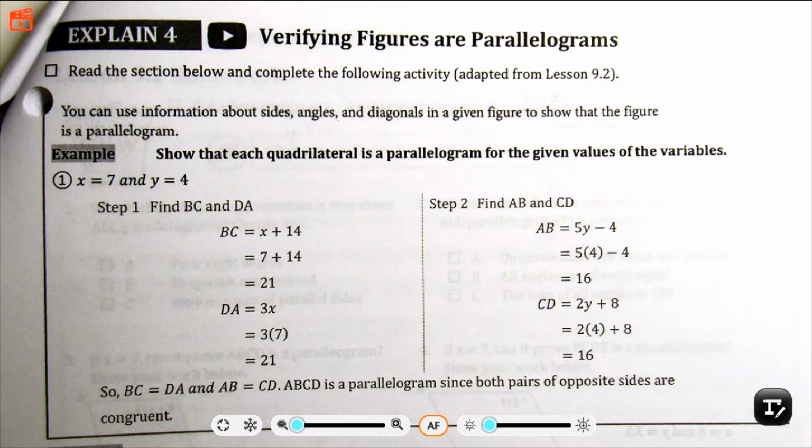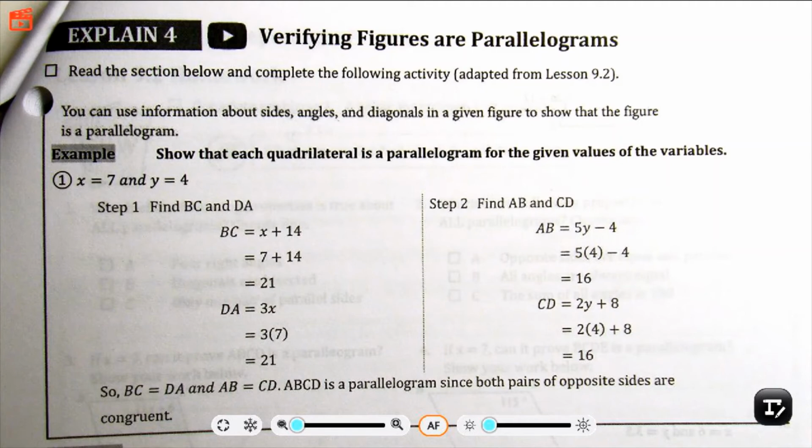Next, we need to look at these angles by plugging in 9 for B. So on the side right here, let's look at angle Q. Angle Q is 10 times 9 minus 16, which is 90 minus 16, which becomes 74 degrees.